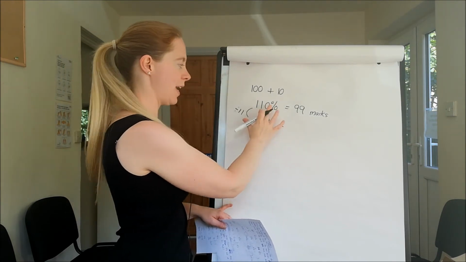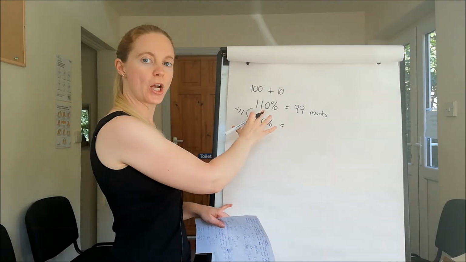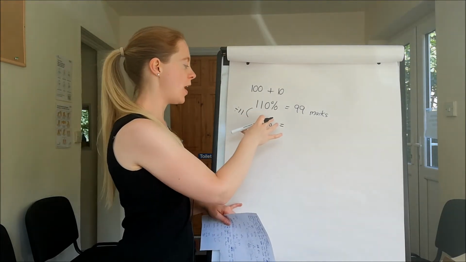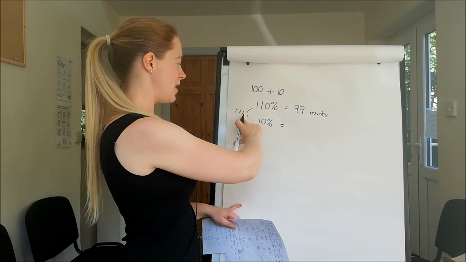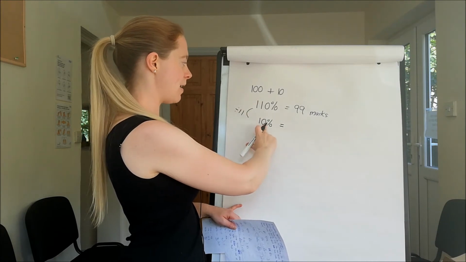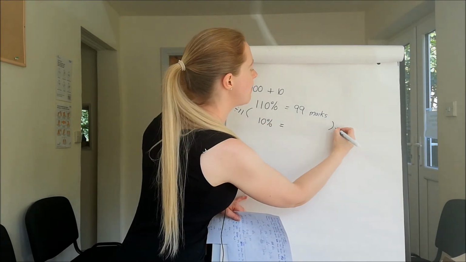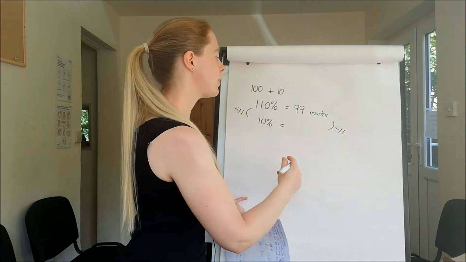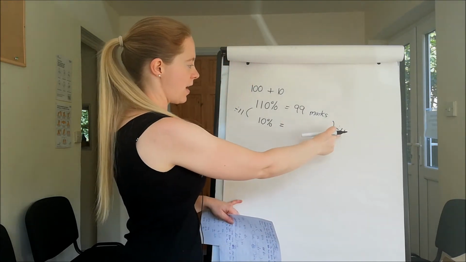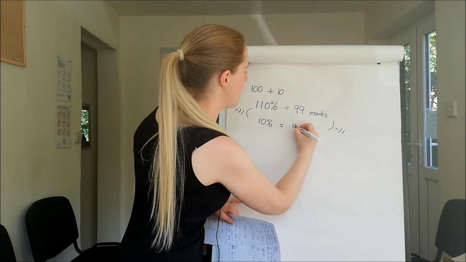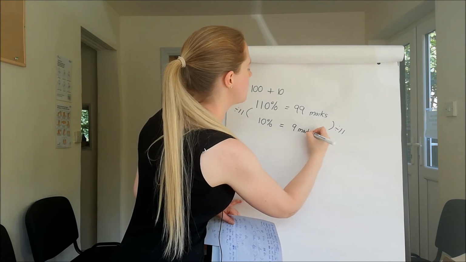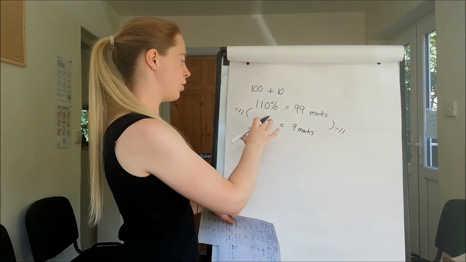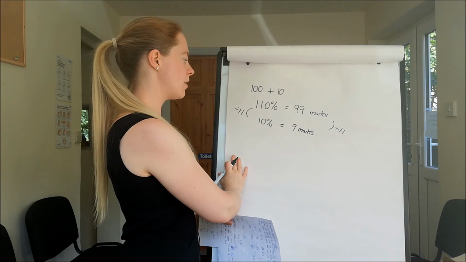And again, that's just a case of knowing your tables and number work quite well. There's no other trick to that part. So because I've divided by 11 there to give me 10%, I have to divide by 11 here as well. And 99 divided by 11 is going to give me 9 marks. So 10% equals 9 marks.